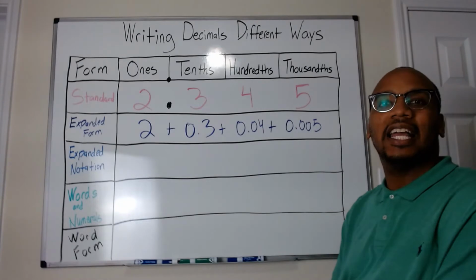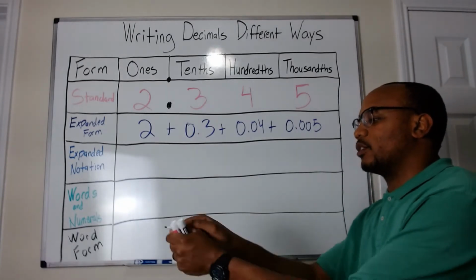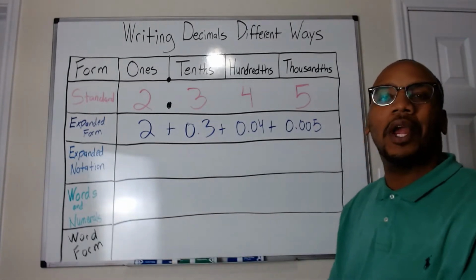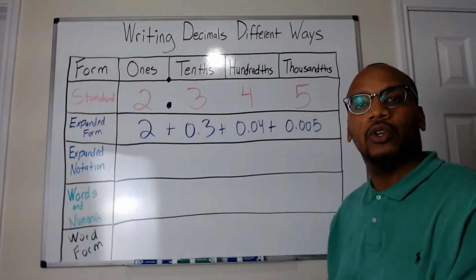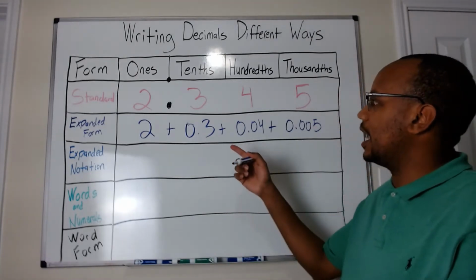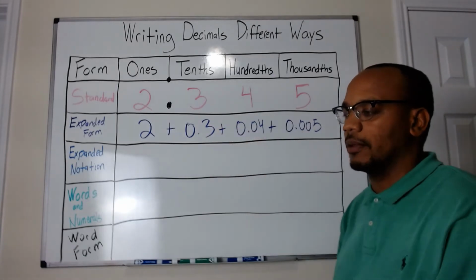Expanded form simply means to stretch it out and separate it by place value, and you put plus signs in between.